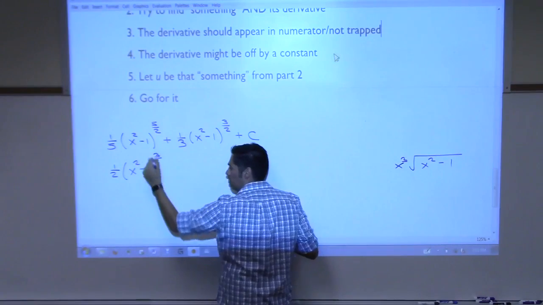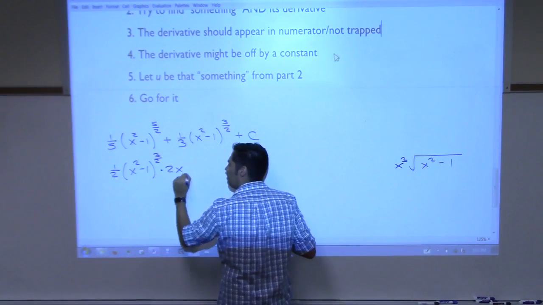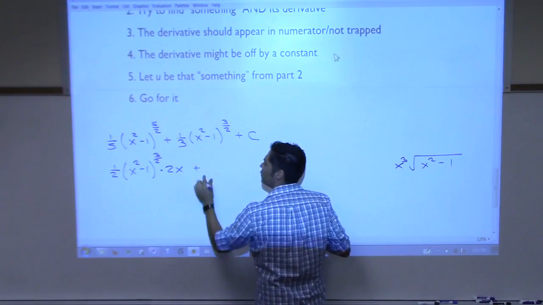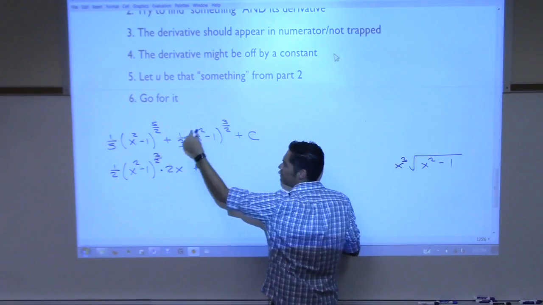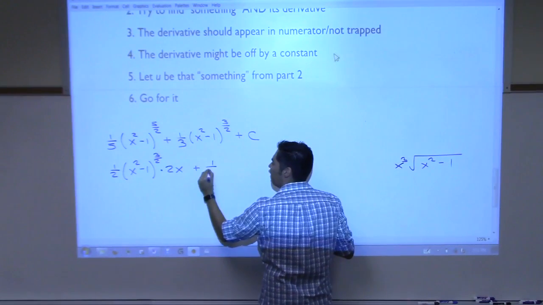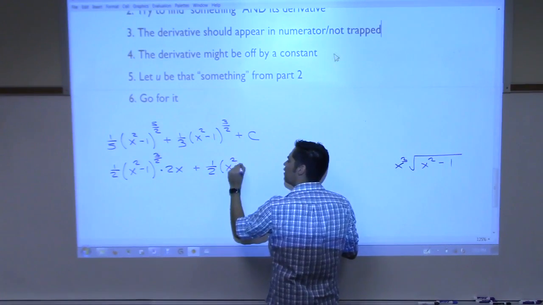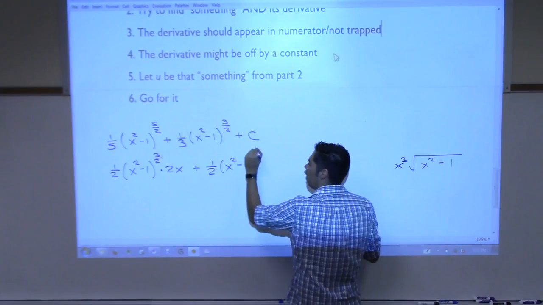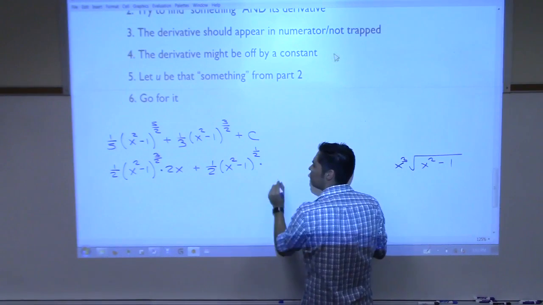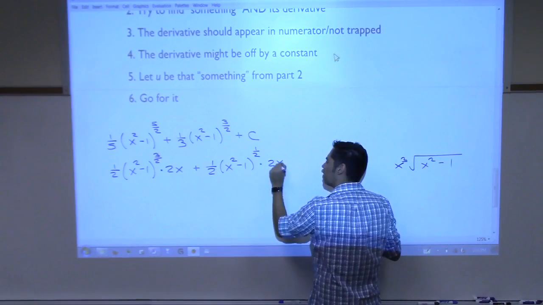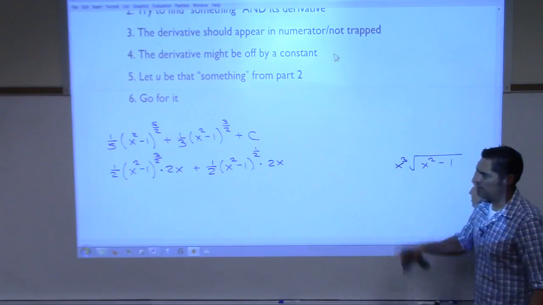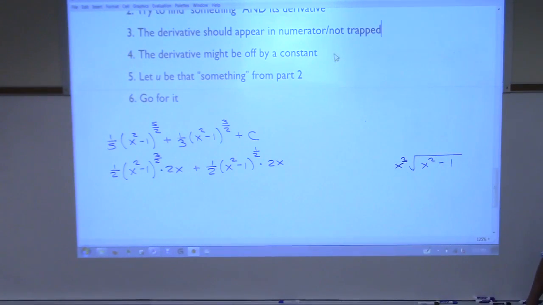Derivative of what's in here, which is 2x. Okay. Plus, now I'm moving on to this one. 3/2 comes out. 1/2. All of this to the 1/2, and then times 2x. All right, the c's gone. Derivative of c is gone.